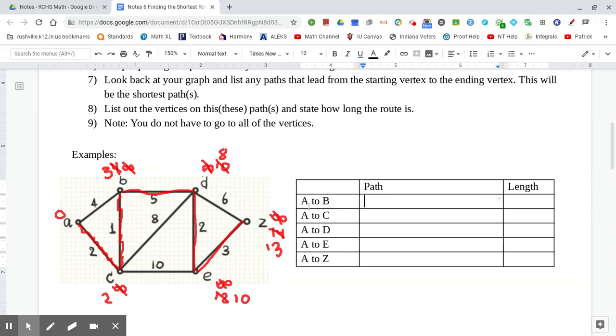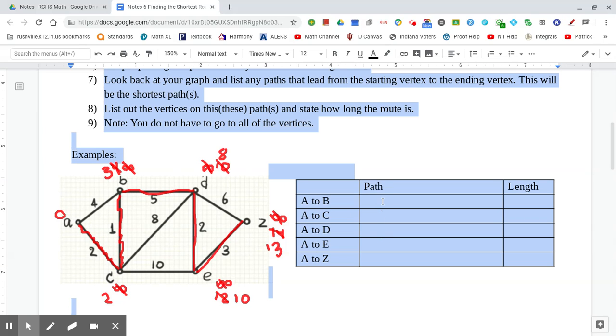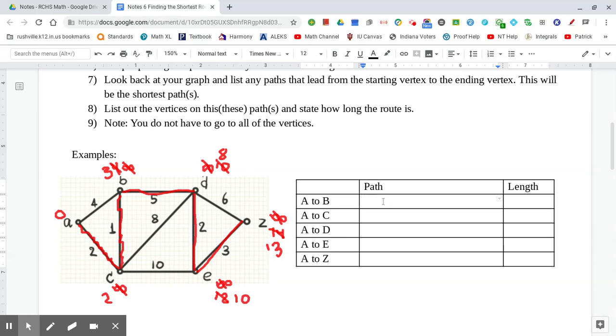So if I had been trying to go from A to B, remember graphs are not drawn to scale at all. The shortest route from A to B, I'm going to follow my darkened edges, and that was A to C to B. So I'm going to go ahead and list that out. So the shortest path to go to B was actually ACB, and that total length was 3.